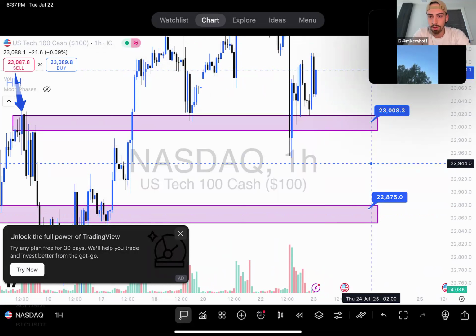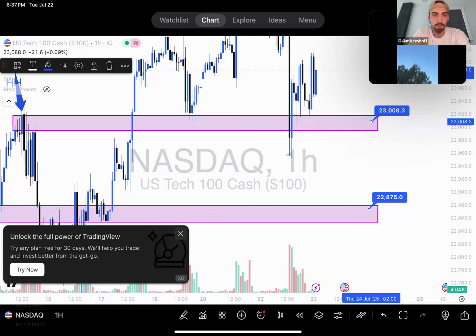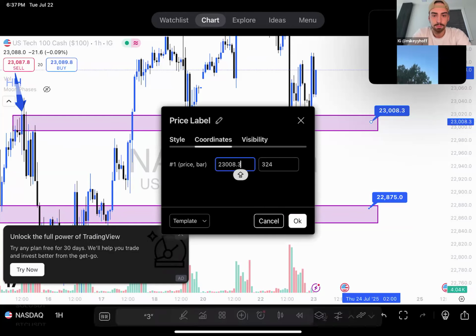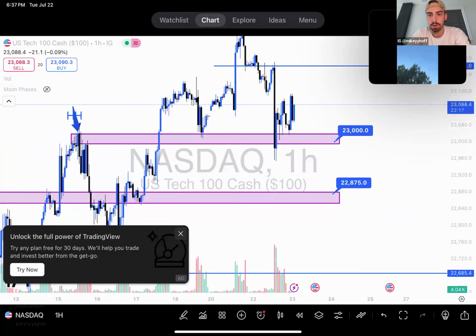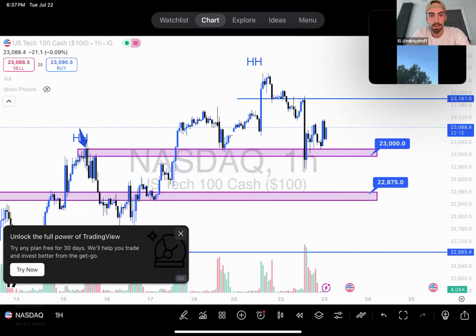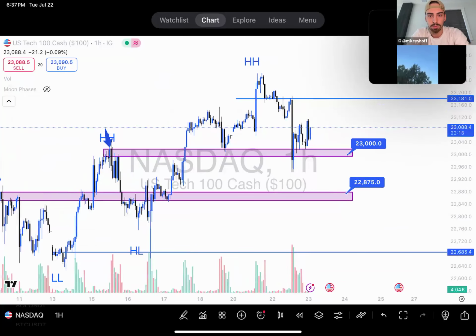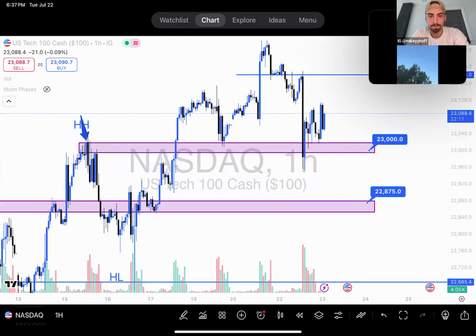That's a quarter level. And then in this case, we are going to use 23,000 even, right? Those are our price labels for that zone that we're going to be looking at.